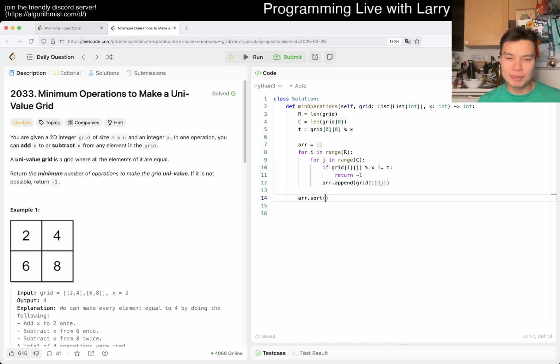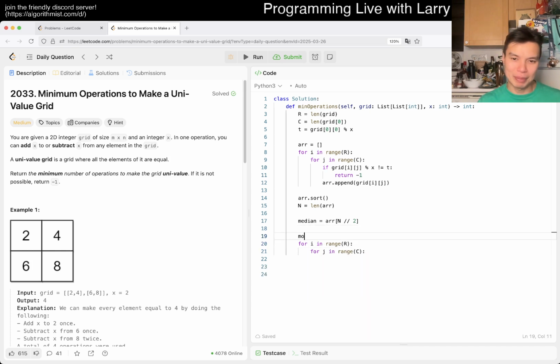So we can sort, and then this is going to be the number that we want to go to. And now we have to just do the math. So median is equal to this, and then maybe you could either go for the grid again or go for the array. It doesn't really matter.